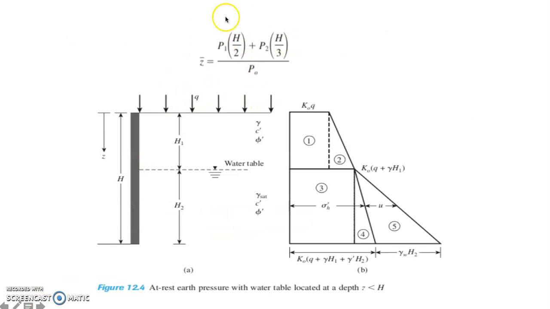So this is basically the illustration that I have mentioned a while ago to compute for the location of the resultant force. In the first figure that was presented, there was no water table. So if there is a water table, for instance, there is the presence of water. Basically this is an illustration that there is a water table.